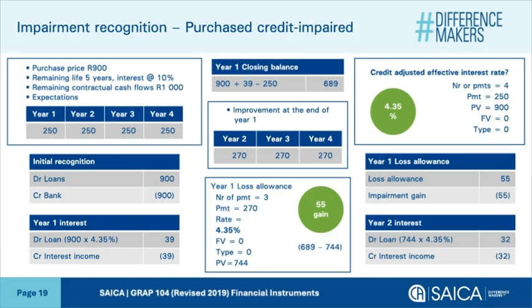So we debit our loss allowance and credit impairment gain. In year 2, we calculate the interest, still using the credit-adjusted effective rate because we still have a credit-impaired financial asset. The classification did not change, and we calculate our interest income based on 744 Rand, which was the present value of our future expected cash flows at the end of year 1, based on the 270 Rand we expect to collect over the next 3 years.